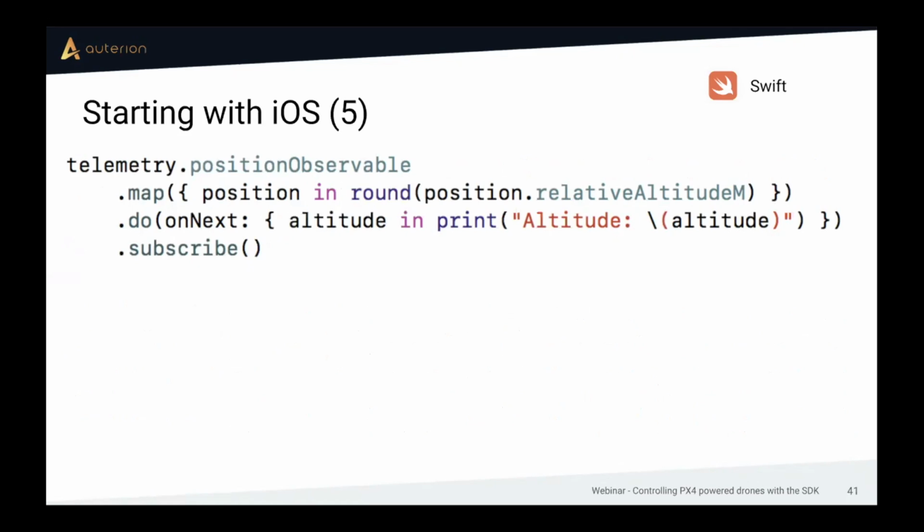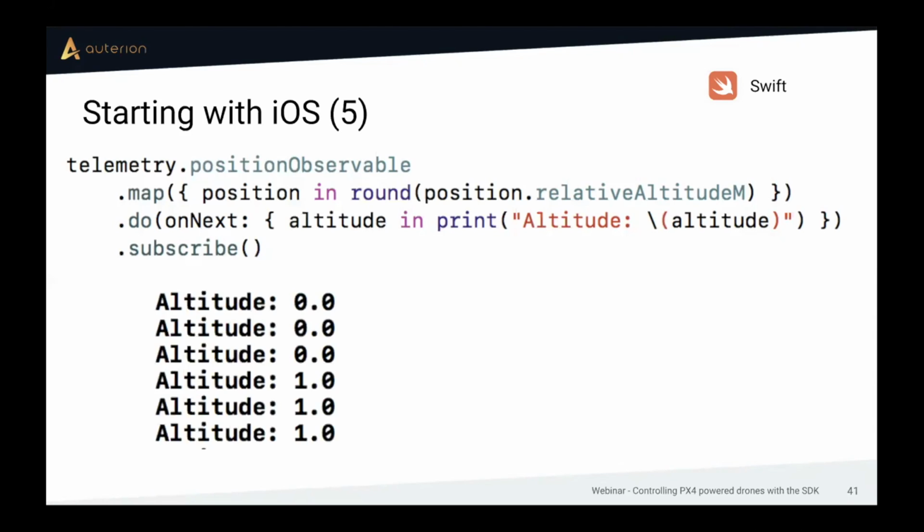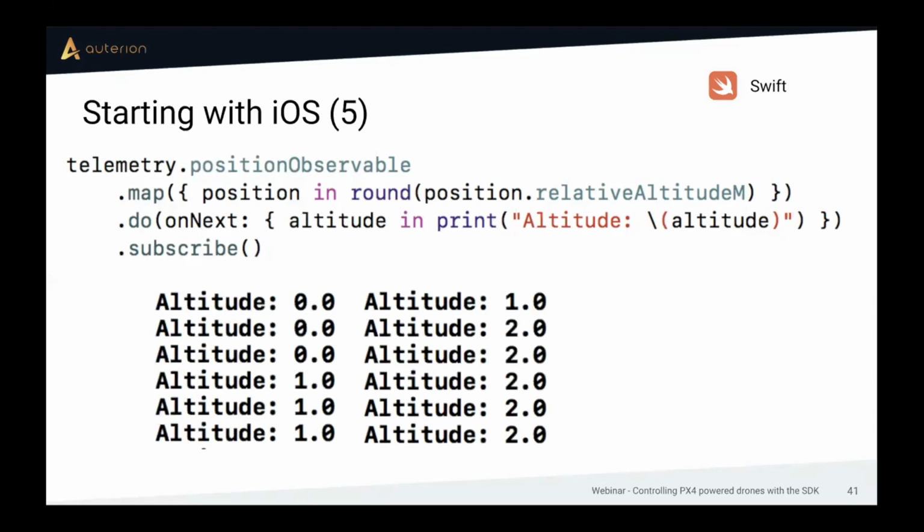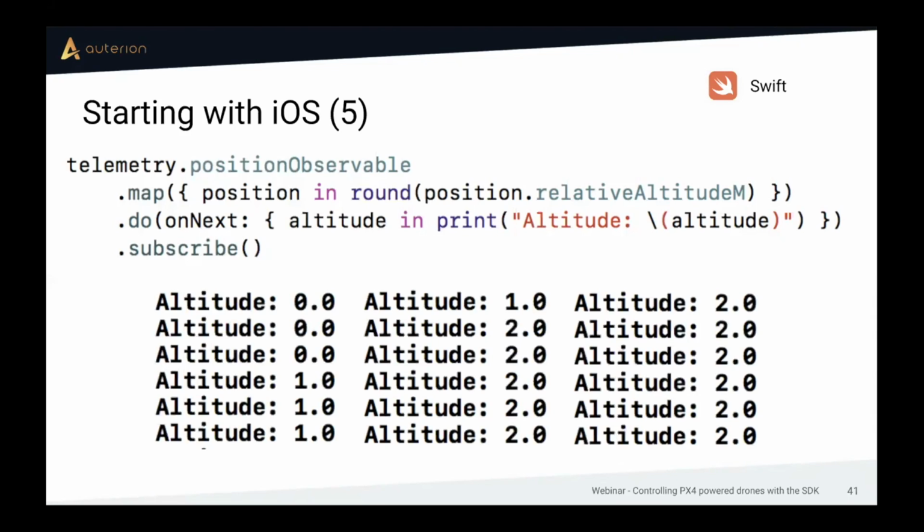So I just take the relative altitude and I round it, and then I get a new stream from that, which is a stream of rounded relative altitude. Same thing, I just print it this time as the altitude. And if I do that while taking off, I see that I receive multiple times 0 meters, 1, 2, and then 2.